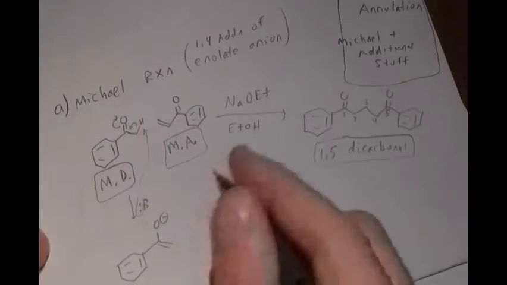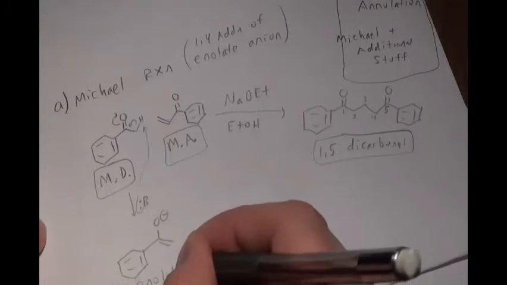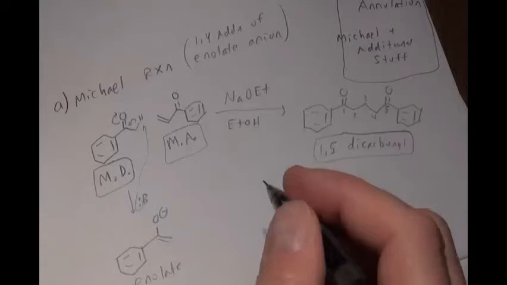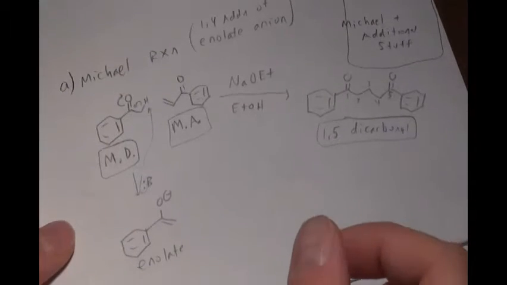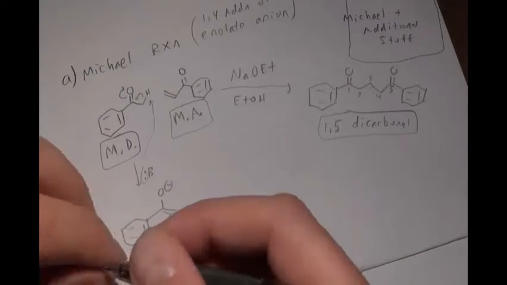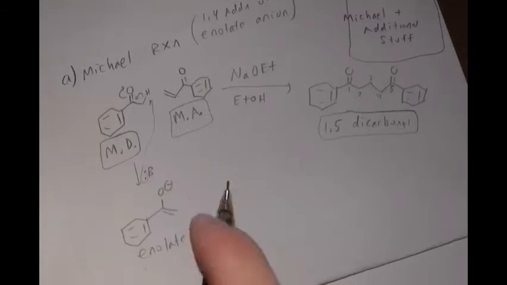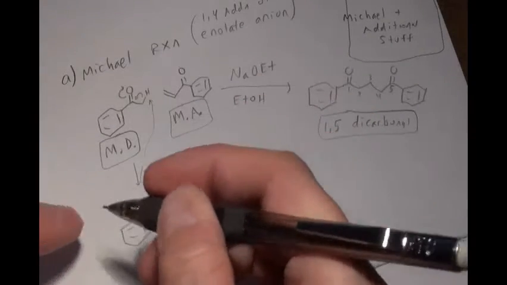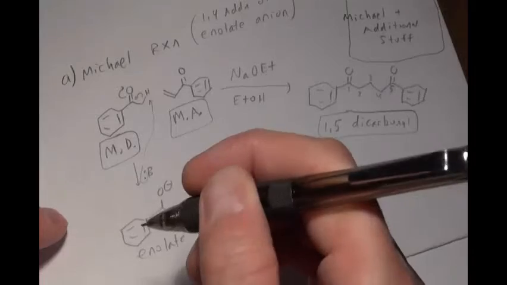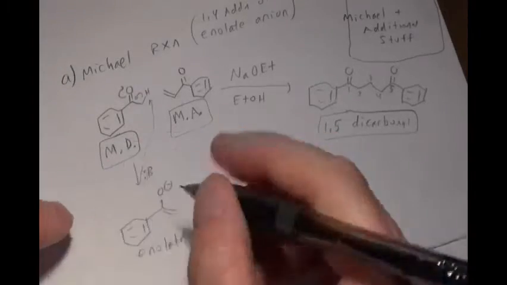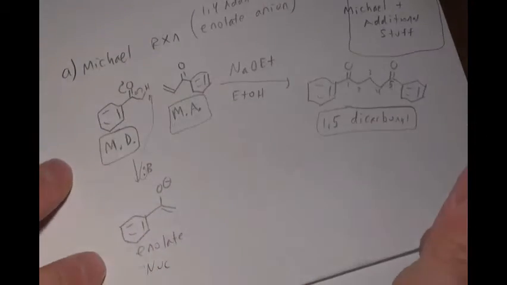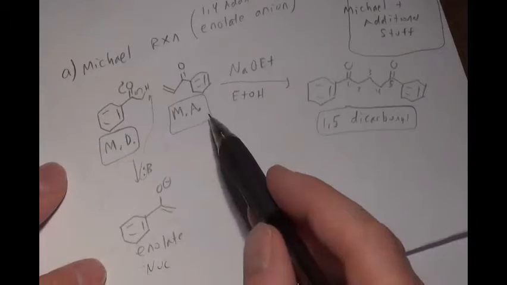We're making the enolate. And is the enolate a nucleophile or electrophile? It's a nucleophile. It's a nuke. And what's the electrophile? The Michael acceptor is the electrophile.